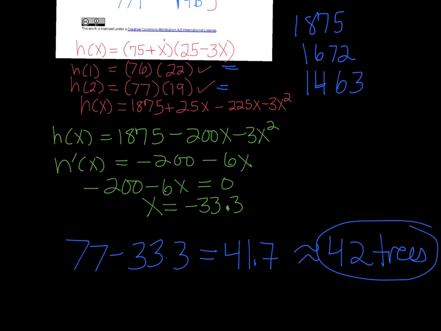So that is 124.9, and we multiply that by what are we down to? 41.7 or 42 approximately, and then we get a grand total of 5,245.8 bushels.